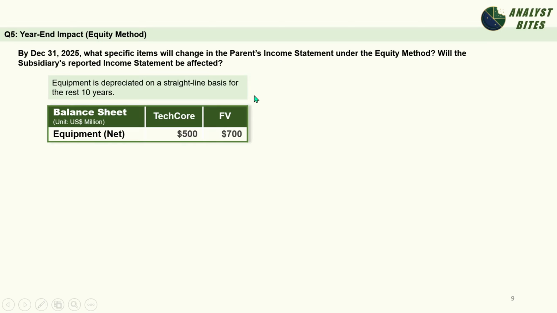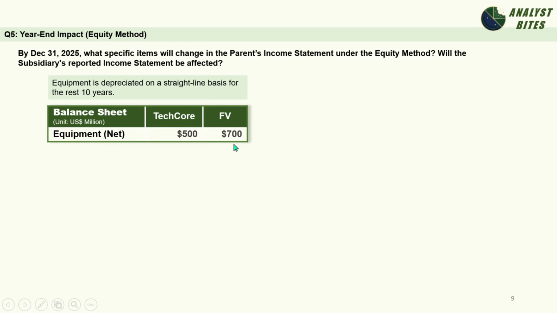Look at the numbers. The fair value of the subsidiary's equipment is 200 million higher than its book value. You should know this. The subsidiary calculates depreciation based on its original 500 million book value, but we bought it at the 700 million fair value.